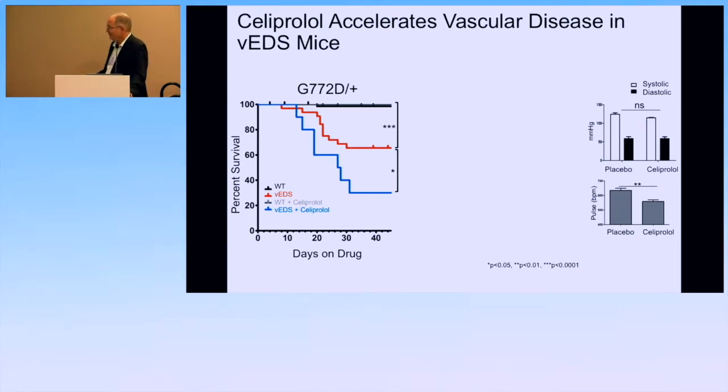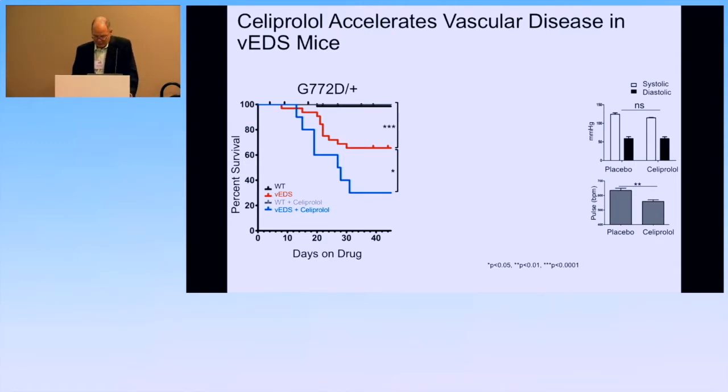And when we gave celiprolol to our severe mouse model of vascular Ehlers-Danlos syndrome, here in red you see the performance of mice that were not treated with celiprolol. In blue you can see that celiprolol treatment led to earlier and more frequent death due to aortic dissection and rupture.